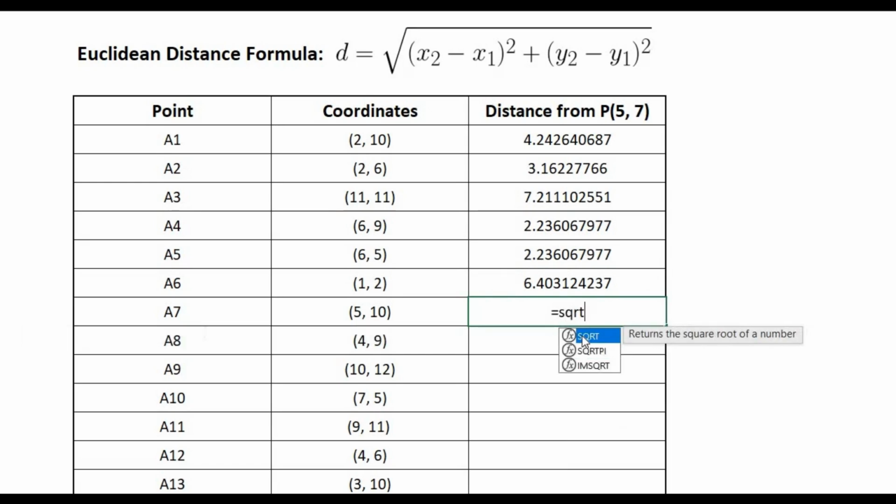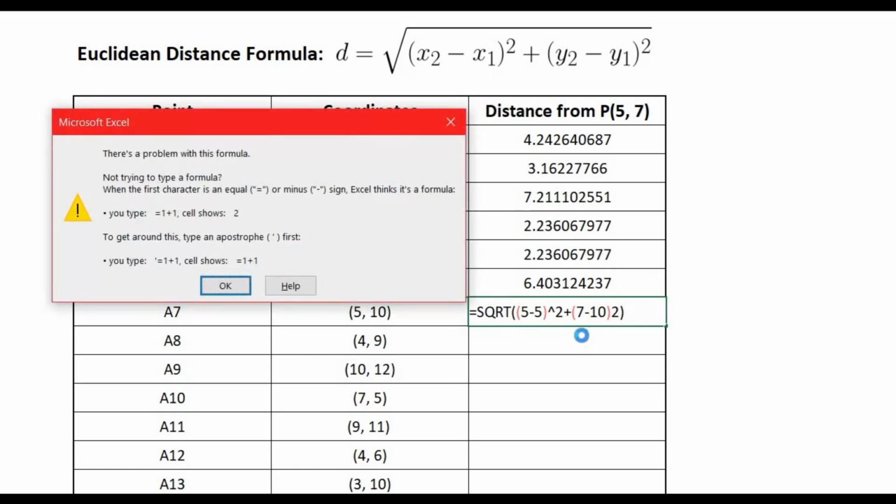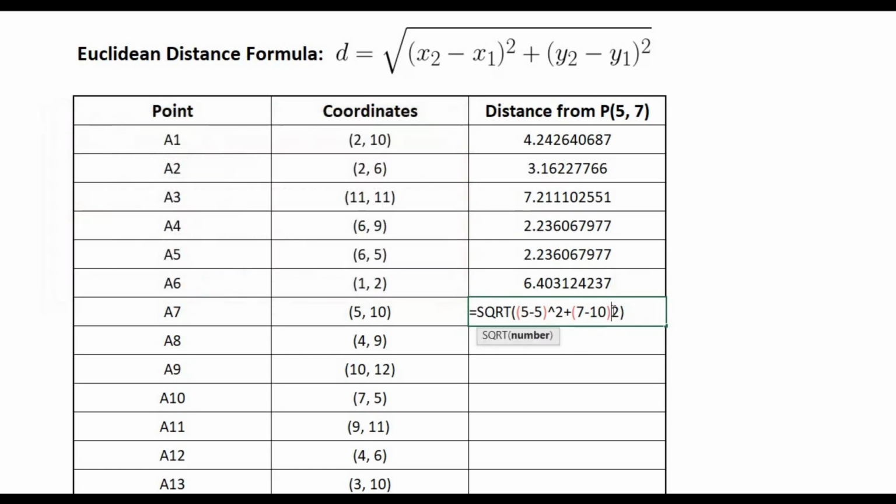Square root, 5 minus 5 whole square plus 7 minus 10 whole square, so the total is exactly 3.